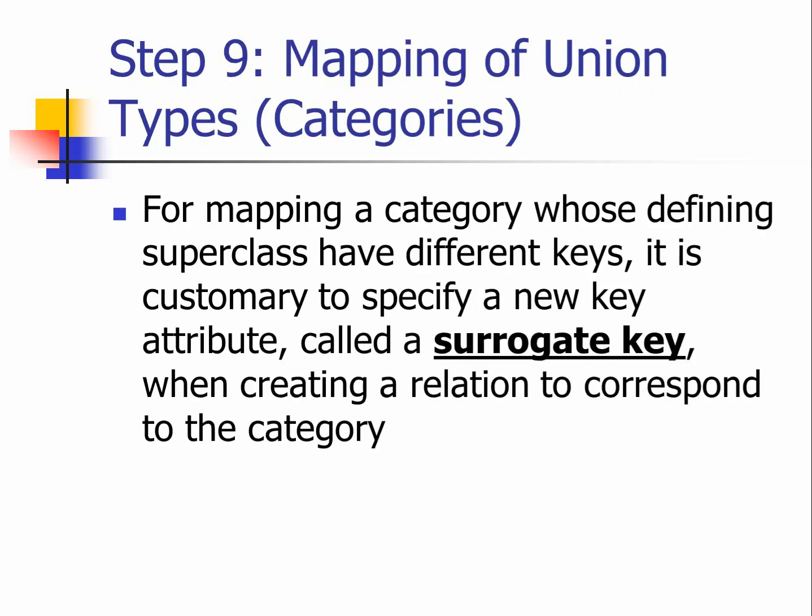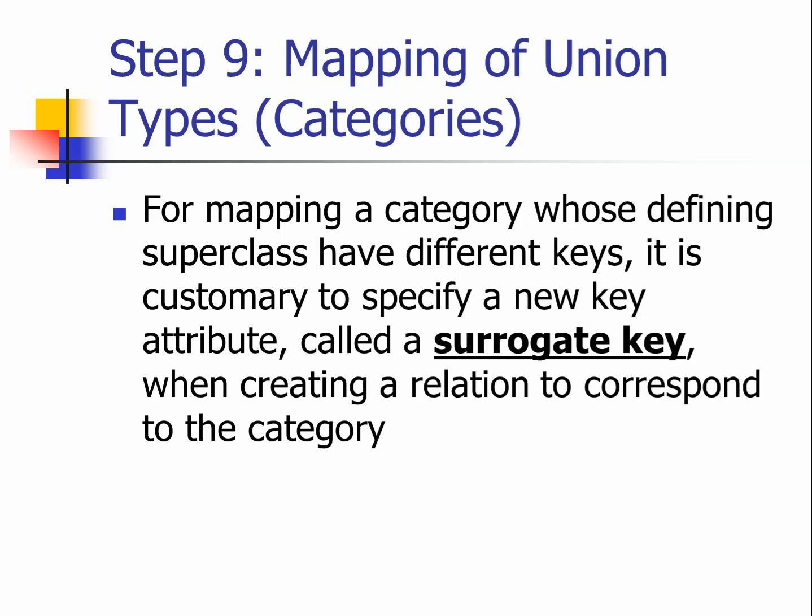Finally, mapping of the union. Union gives a very special property because it provides an OR opportunity. Therefore, to handle that, we do something very different from all the other steps that we have learned so far. Mapping a category, which defines a subclass with different superclasses having different keys, indicates they have multiple choices.